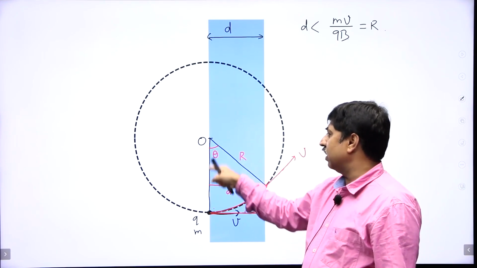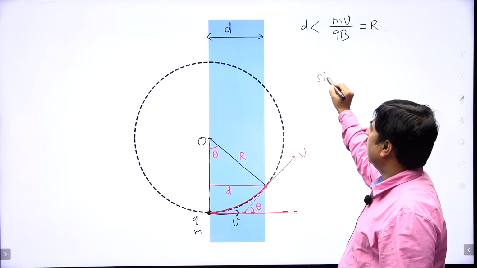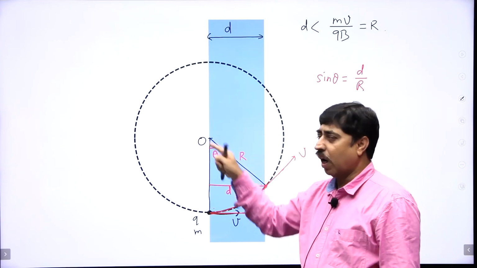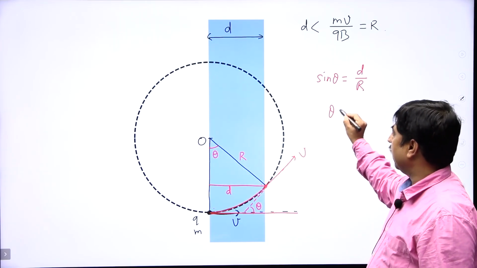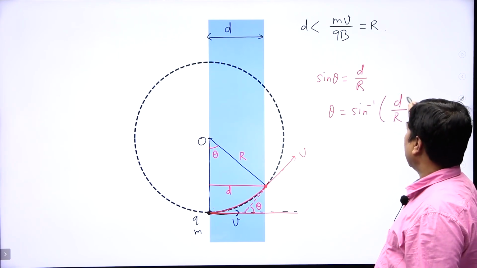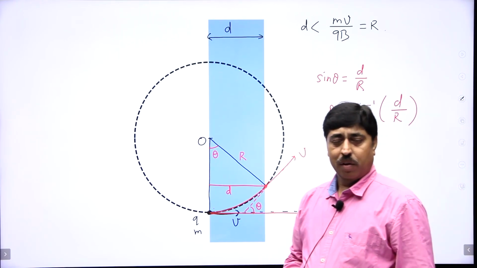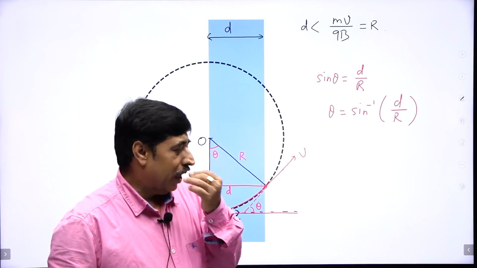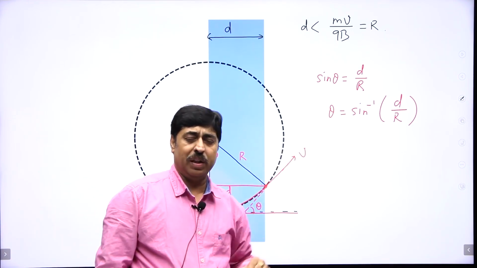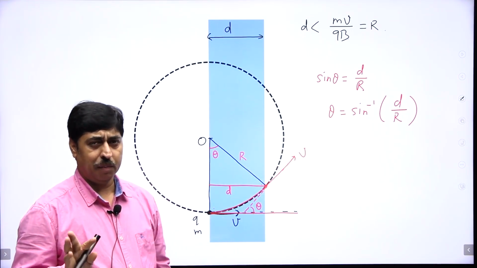So just looking at this diagram, you can see that sine theta is equal to d by r. Sine theta is d upon r. So the particle has deviated itself by this angle, isn't it? Where r stands for mv by qB. So if the region of the magnetic field has a width less than the radius, then this is the amount of deviation that has been suffered by the particle.